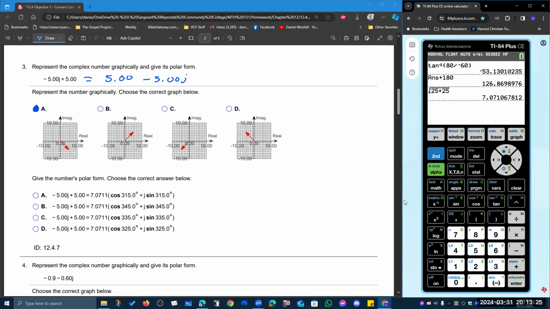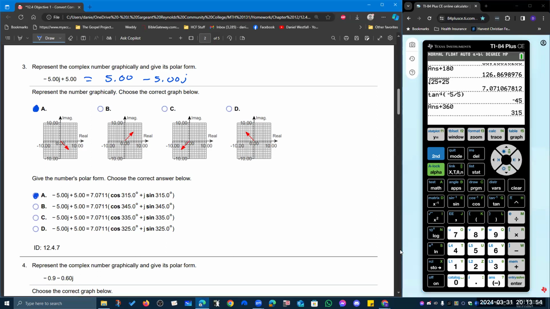We got that for everything here. And then we want arctangent of y over x. This should be negative 45 degrees. But we don't want a negative answer. We want to add 360 degrees to get the positive answer that's in quadrant 4, which is 315 degrees. So that's going to be A.